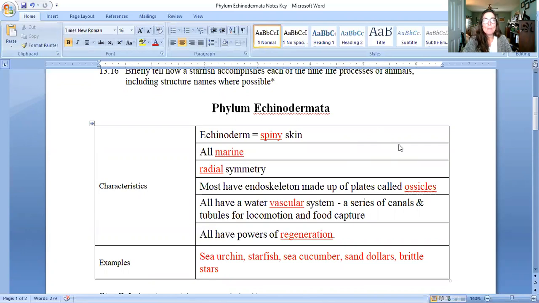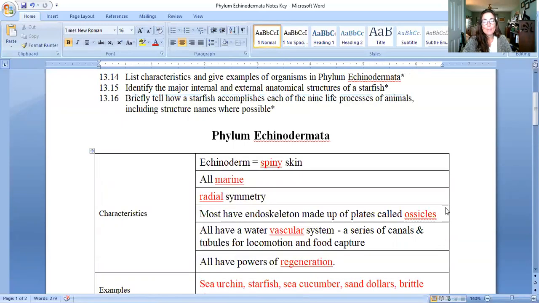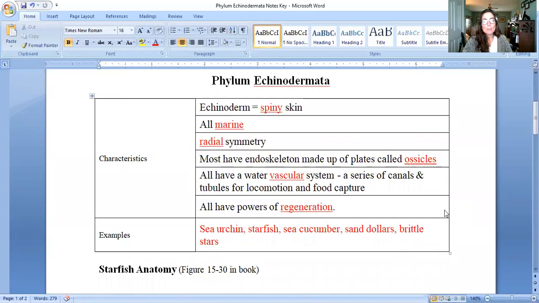All members of the phylum Echinodermata live in marine or saltwater environments. There are no freshwater representatives. They all have radial symmetry. They have an endoskeleton which lies just under the skin and is made of a series of plates called ossicles that are fused together. All echinoderms have this special system called a water vascular system that no other type of animal has.